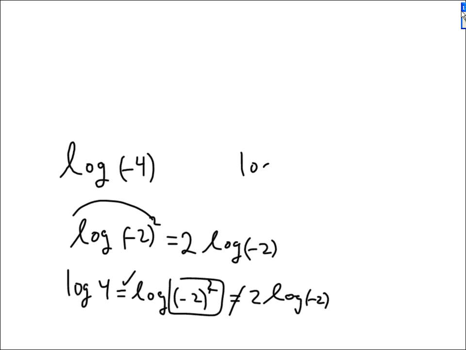The rule should state, and I don't think I've ever seen it this way, that you can bring down the power, provided that a is positive. Okay, so be careful with exponents. It can really get you into trouble.